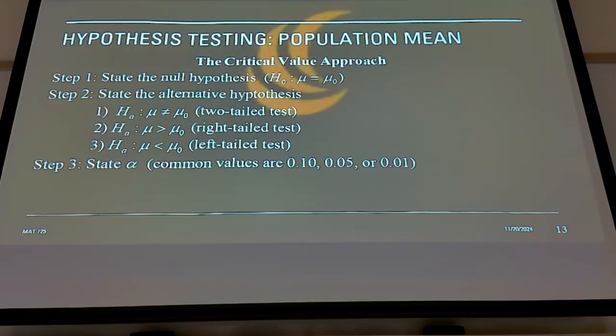You want to determine what your significance level is. You want to state your significance level, alpha. Right. The 3 most common values: 10%, 5%, and 1%, with the most common being 5%.